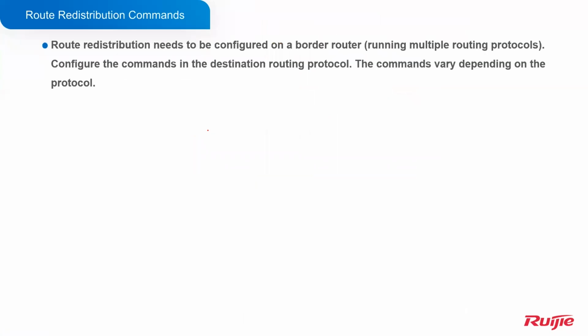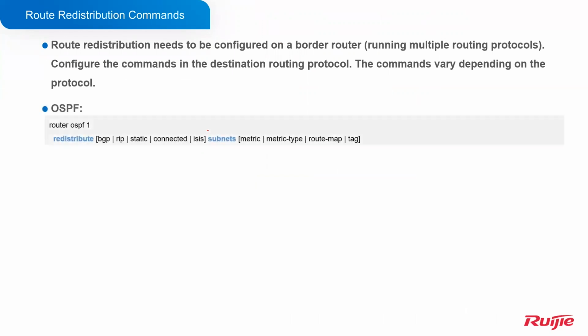So to do the route redistribution, no matter if it's unidirectional or bidirectional, we are manually using some commands to exchange the routing entries. So here, let's see the command we use. For OSPF, router ospf 1, redistribute followed with the protocols which are calculating the route entries we want to redistribute, and the subnets.